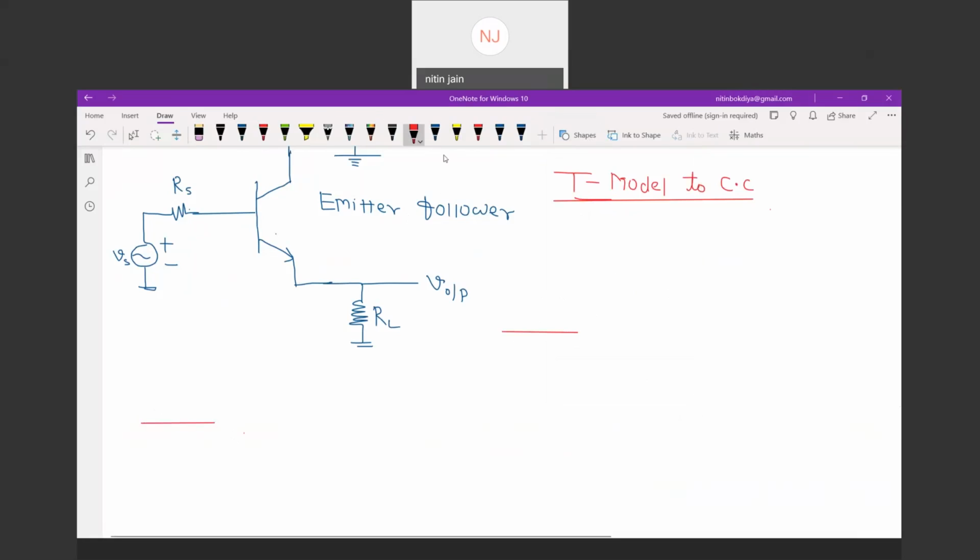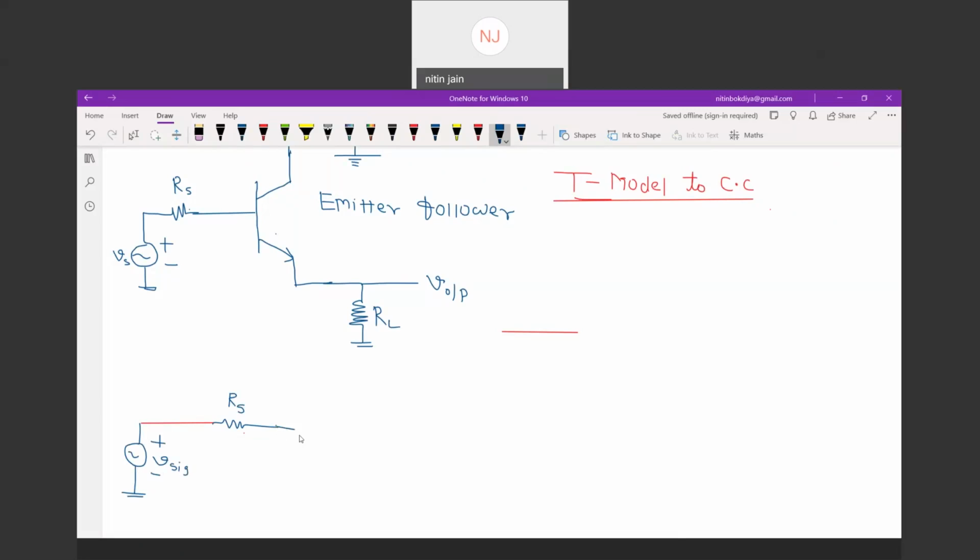So let's see how this will work. There is one resistance at the base terminal, so I am adding one resistance RS, supply which is V signal.